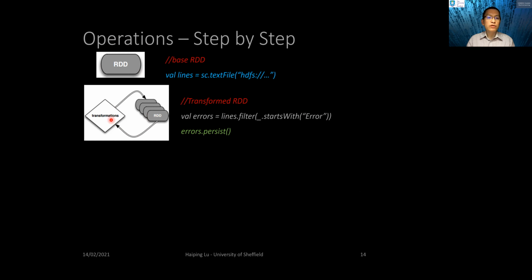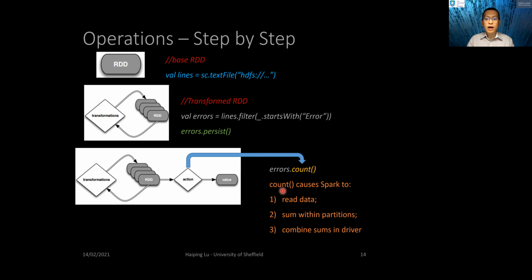Next, the error count is an action. This count will cause Spark to read the data from this address, sum within the partitions, and then combine the sums in the driver.